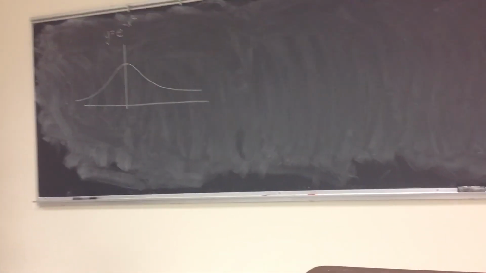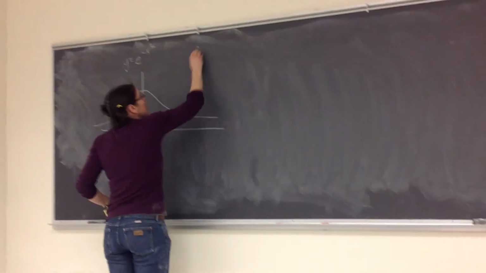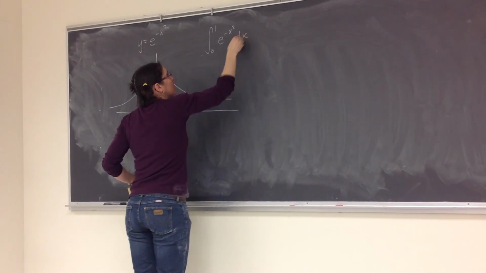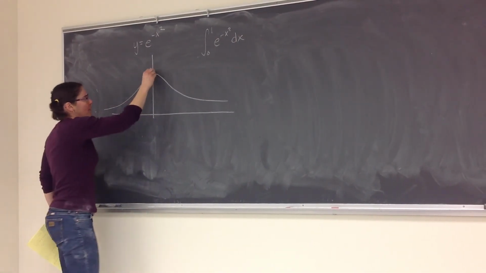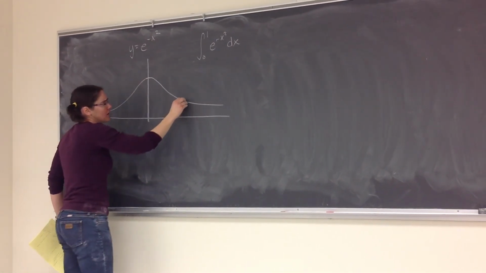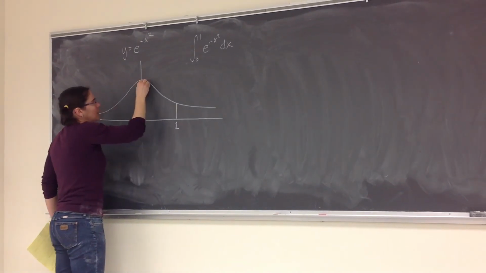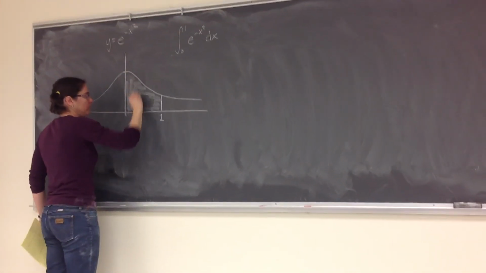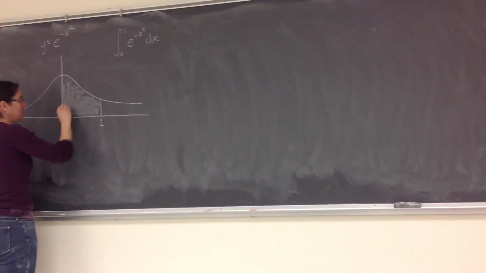And, I mean, to look at the integral from 0 to 1 of e to the minus x squared dx, well, we're talking about finding the area between x is equal to 0 and x is equal to 1. And so that's a perfectly legitimate question.